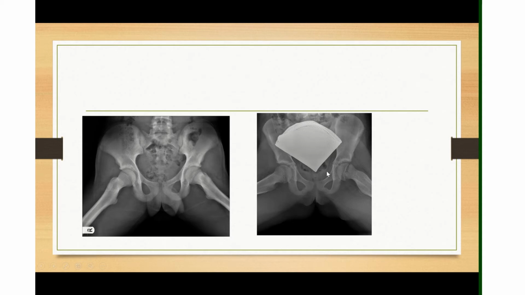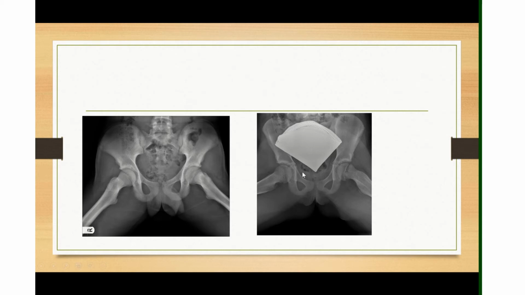Now, in the right sided figure, you can see that there is slippage of the epiphysis medially, right? You can compare that with the opposite side, there is no slippage. So there is slipped capital femoral epiphysis on the left side.